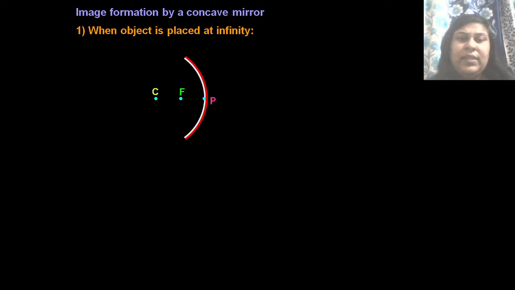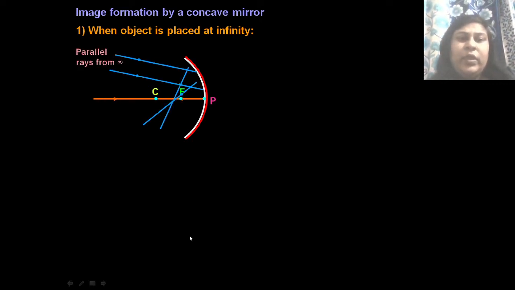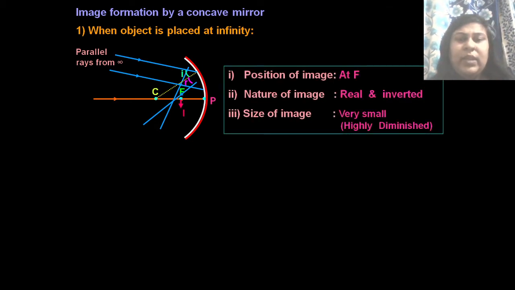You can see this is the concave mirror, principal focus, and when the object is at infinity, the parallel rays come from it, and those rays go through the principal focus, and the position of the image is at F. The nature of the image is real and inverted, and the size is very small and highly diminished.